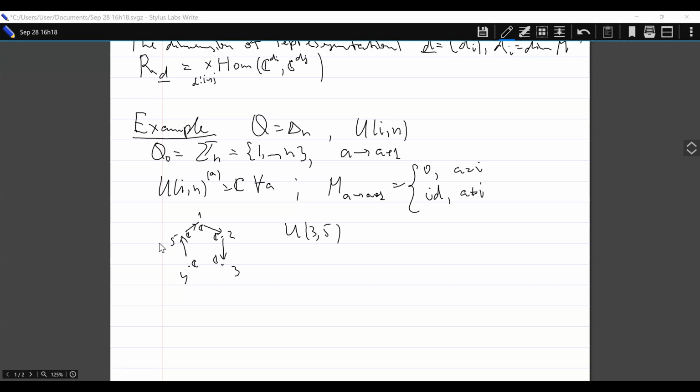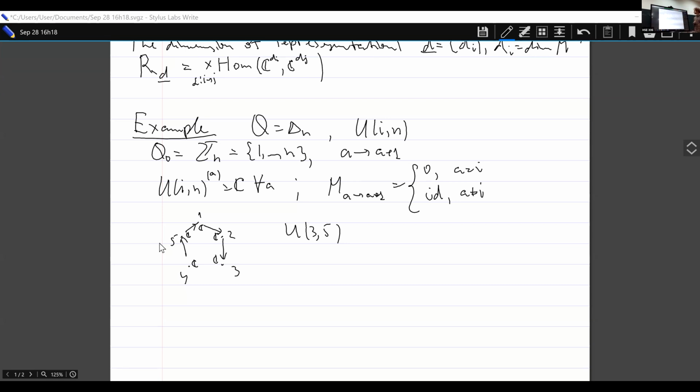Okay, so we are constructing a representation, and this once again U_{i,n} is one-dimensional at all vertices. So all this is C, and then the maps are either identities or 0 at one place.